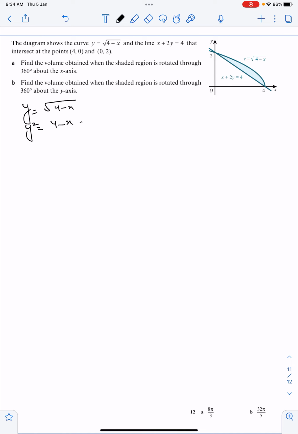Okay, and the equation of the line is x plus 2y equals to 4. So 2y equals to negative x plus 4, y equals to negative 1 upon 2x plus 2.